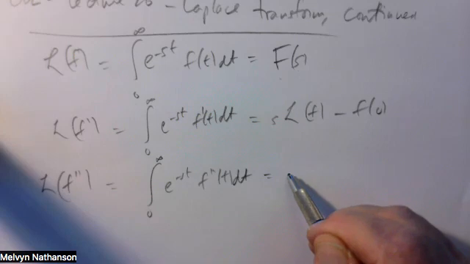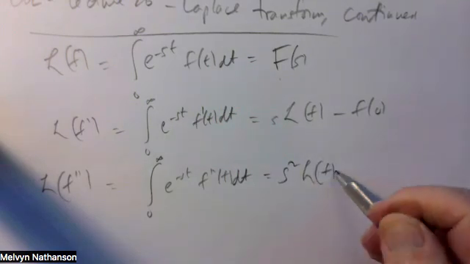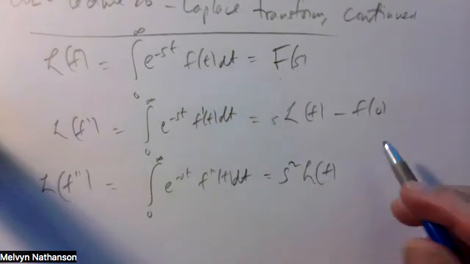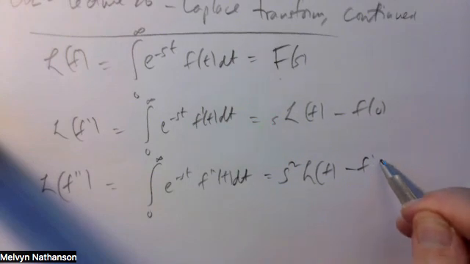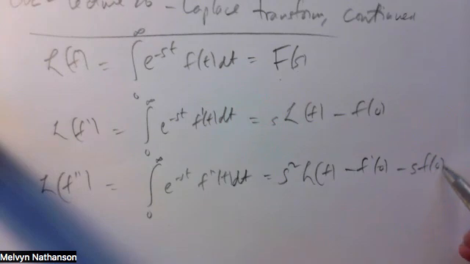And this is equal to s squared times the Laplace transform of f minus the value of the function's derivative at 0 minus s times the value of the function at 0.